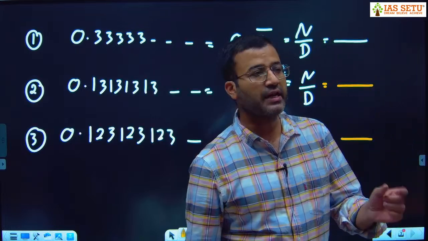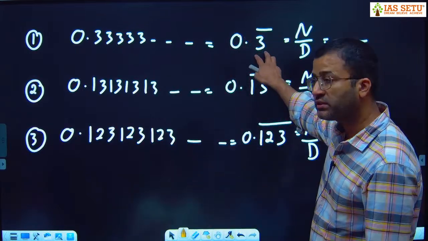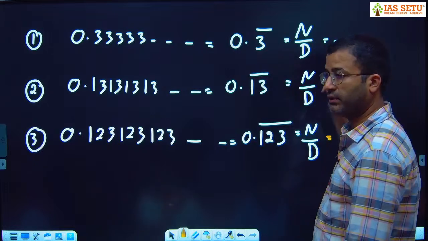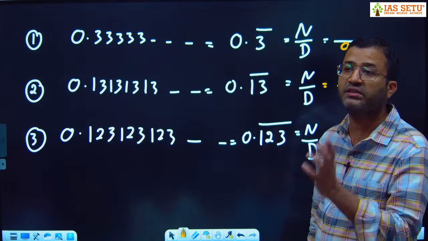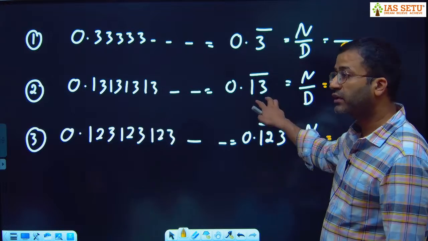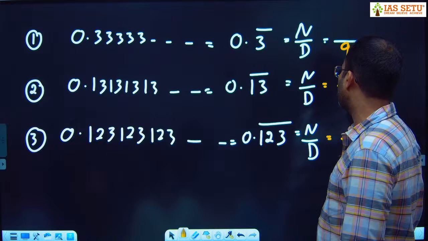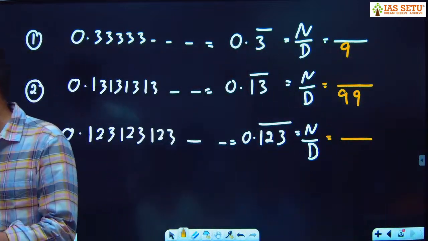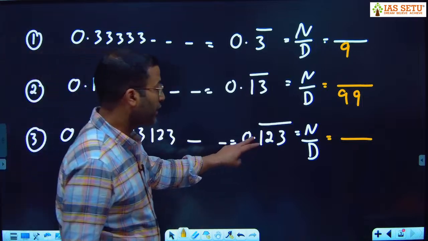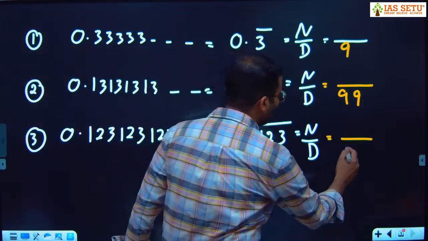As many 9s as many digits under the bar. There is one digit under the bar, we put one 9. In the long cut method, where did the 9 come from? 10x minus 1x gives 9x. Here there are 2 digits under the bar, we have to put double 9. Our rule is as many 9s as many digits under the bar. Here we have 3 digits under the bar, so we put triple 9.